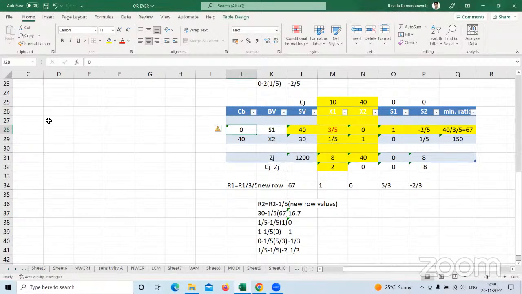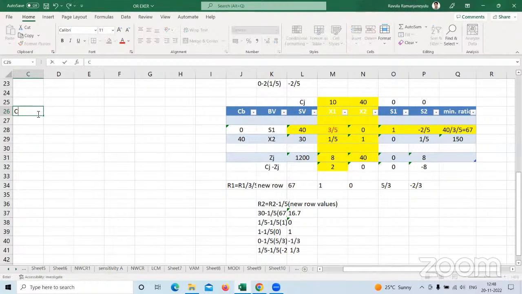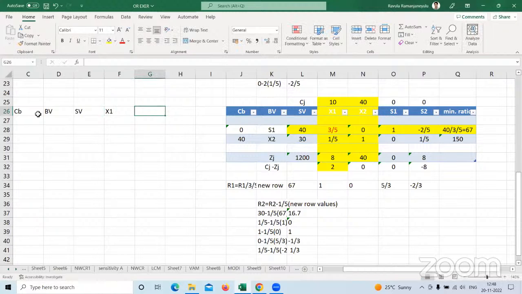So I'm writing the new table beside this one so that it is easy to understand. CB, BB, SC, X1, S1, S2.